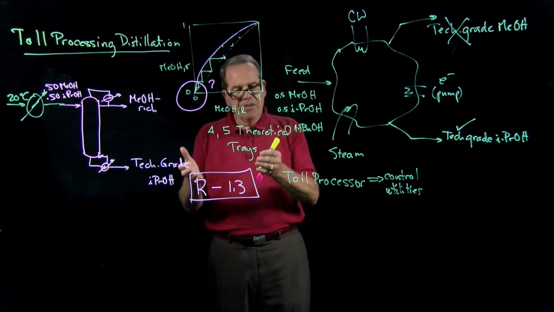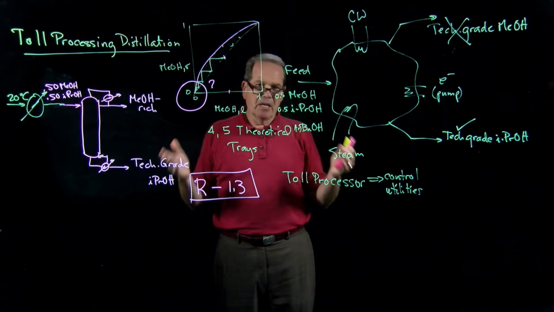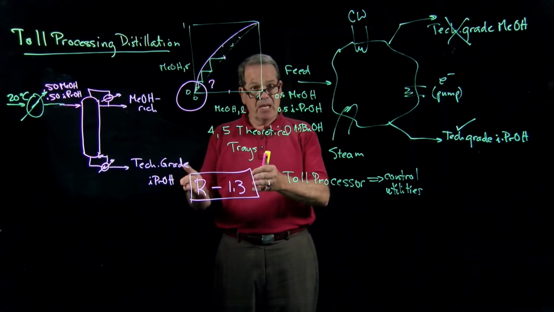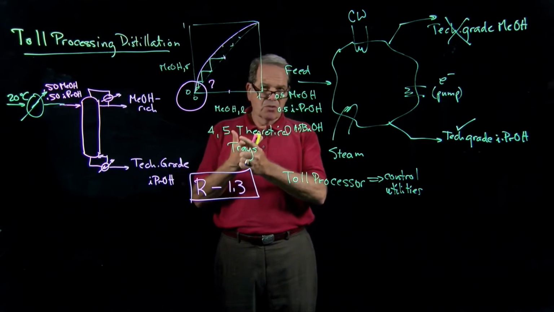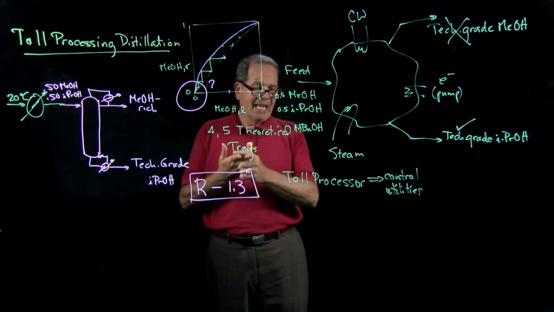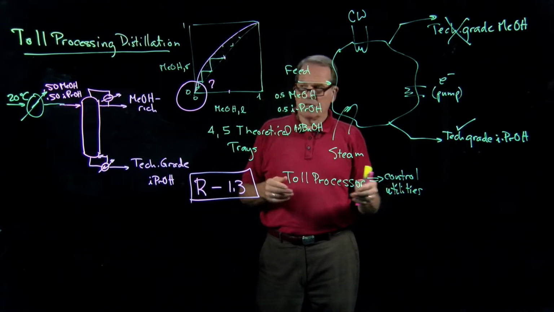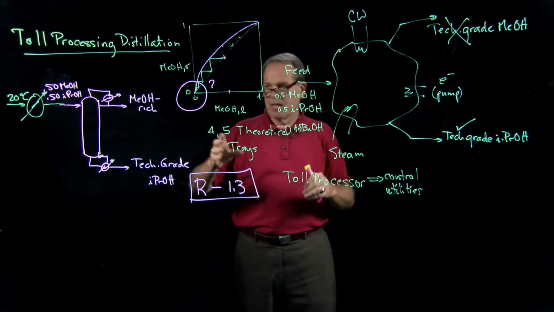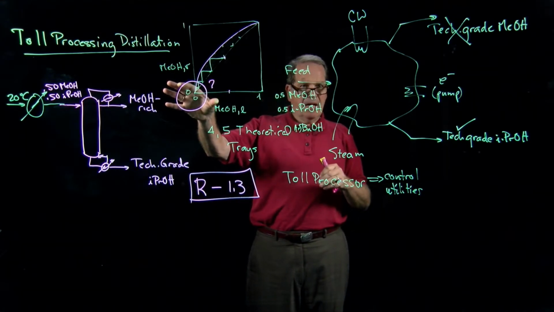So this ratio of about 1.3 has been proven by a number of different operations. You can go away from that if you want to, but if it's lower, you have to make sure that you can control upsets, and if it's higher, that you can stand the extra utility costs. What's interesting about this problem is that we're trying to reach a goal that's going to be fairly tight.